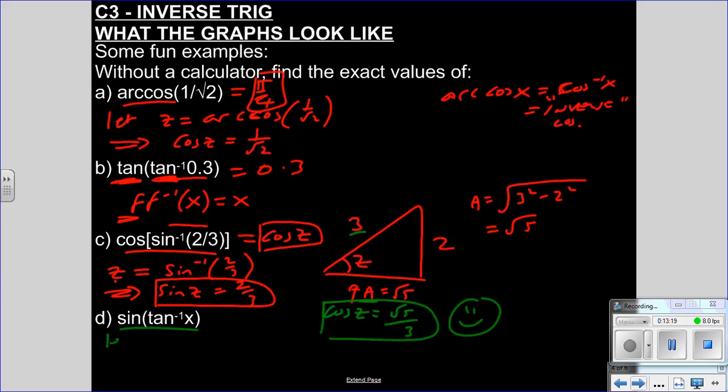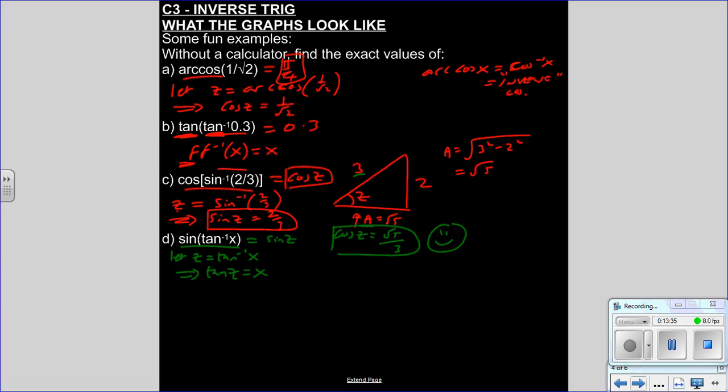Let's try that again, but with sine of tan to the minus 1 of x. So again, if you let z equal tan to the minus 1 of x, you can tan both sides. So actually, we're looking here at sine z, where z equals tan to the minus 1 of x. I tan both sides, so let's draw that. There's z.